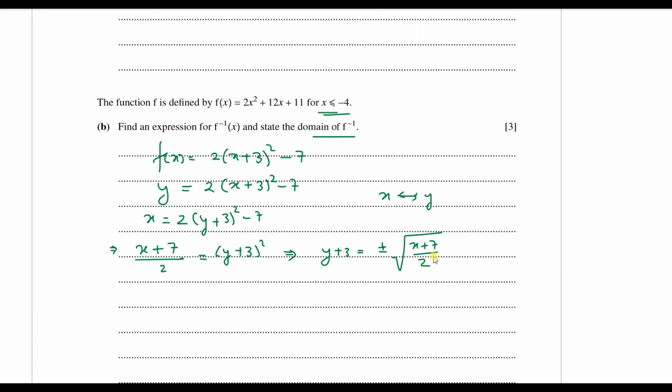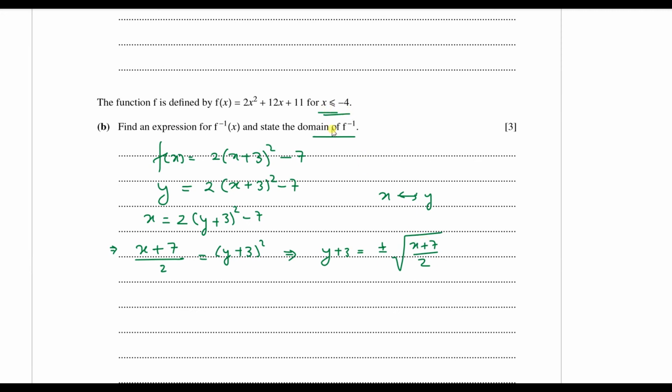So this should be negative, otherwise, we know that y will be this minus 3. If it is positive, then it would be more than minus 3, but it is going to be less than minus 4.